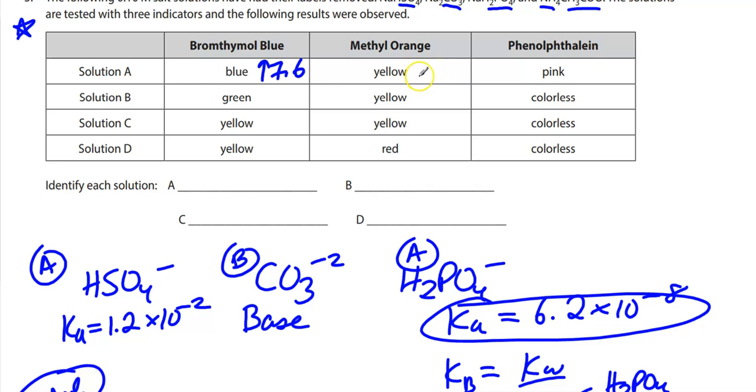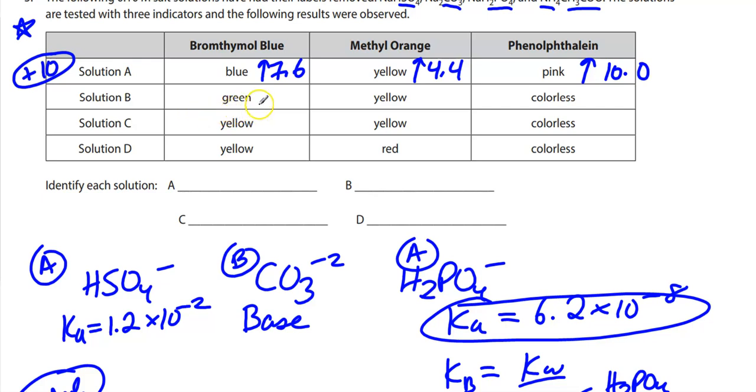Methyl orange, if we look at the range, if it's yellow, that means it has to be higher than 4.4. And phenolphthalein, if it's pink, means it has to be higher than 10. Okay, so solution A is something that has a pH higher than 10. For sure.